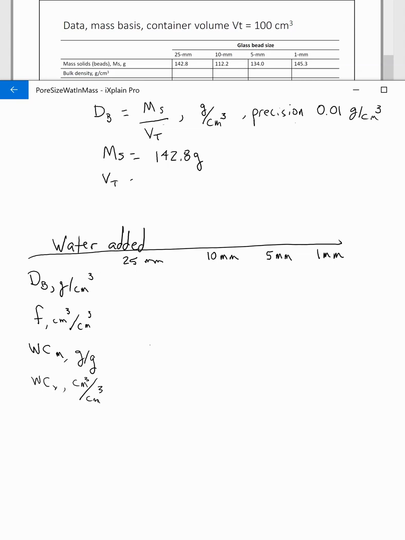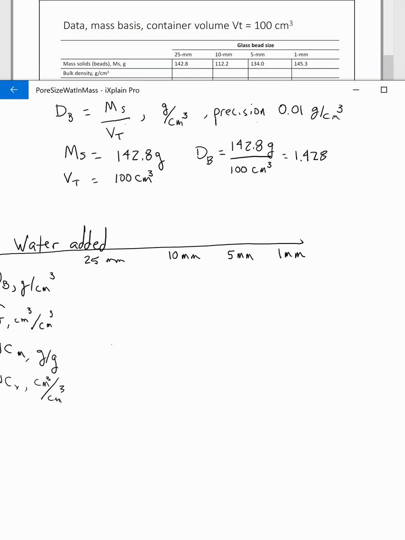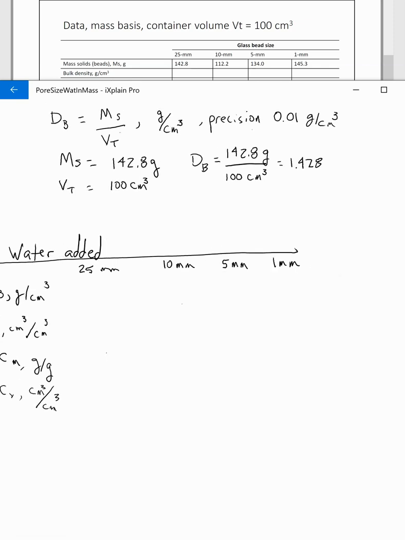The total volume of our container was 100 cubic centimeters. So the bulk density is 142.8 grams divided by 100 cubic centimeters, which is equal to 1.428 grams per cubic centimeter.